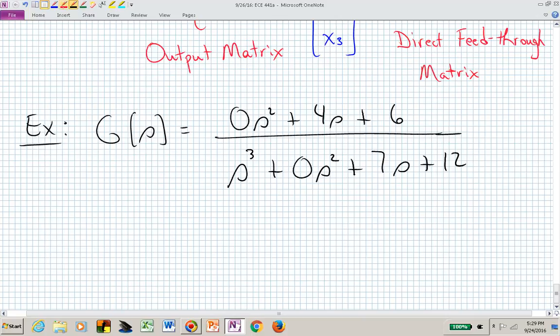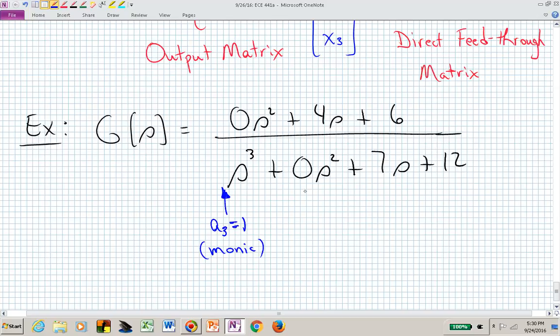The first thing you want to look for is to make sure that the transfer function is strictly proper, meaning that the numerator order is strictly less than the denominator order, and it is. And we want to make sure that the leading coefficient on our denominator has been normalized to 1, or that it's monic. In this case, we didn't ever label an a sub 3, but it is there, and it's a 1.